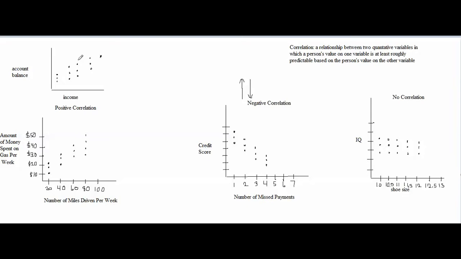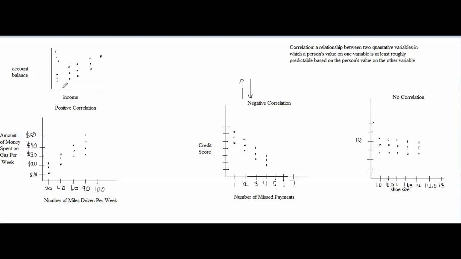For example, we might have a lot of people who don't make very much money, but they have a lot of money saved because they're very good at saving money. So we could have some people up here in this corner area. So these people would have low incomes but high account balances, and we might have some people down here also.